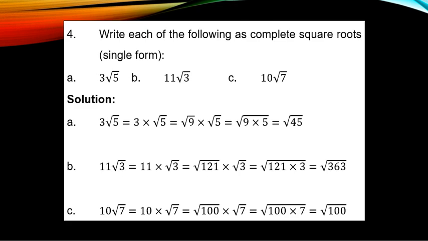Number 4, write each of the following as complete square roots, that is single form. So we reverse all these ones. They are in basic form already. You express them in single form, that is as a complete square root. So you have 3 root 5. First, 3 root 5 means 3 times root 5.